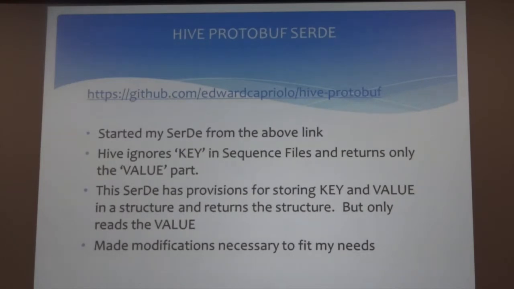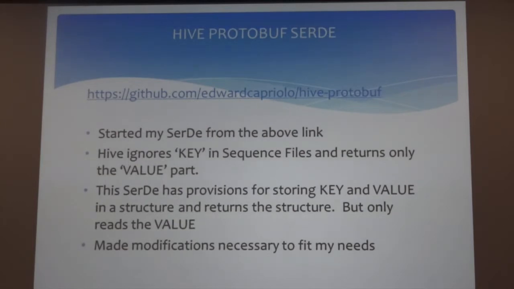There was this SERDE on GitHub by Edward Capriolo. This is where I started from. I took this SERDE, which worked very well, but there were a few changes that I needed to make.